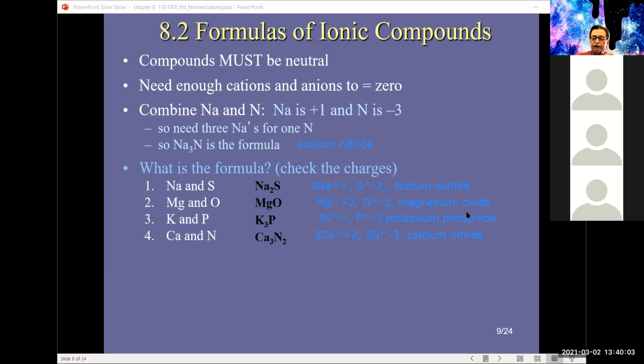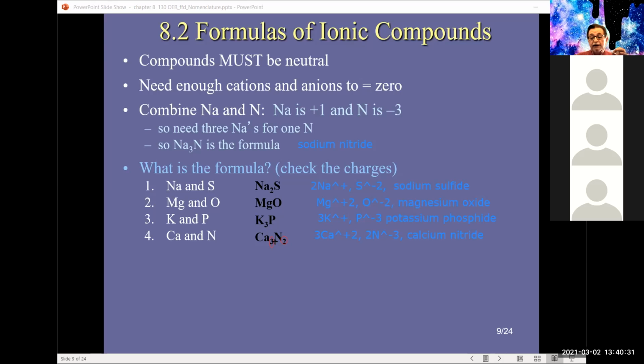If you think about this for a second, something to kind of help you out. If you look at the subscript of nitrogen, which is a 2, isn't that the charge of the calcium? And if you look at the subscript for calcium, isn't that number the charge for the nitride?